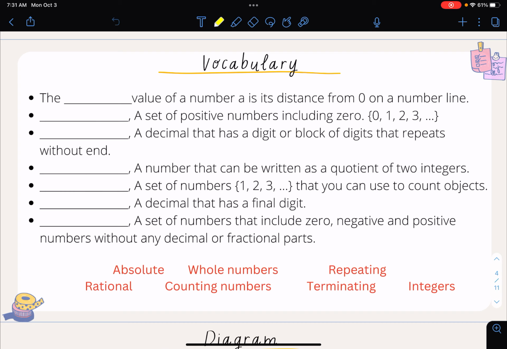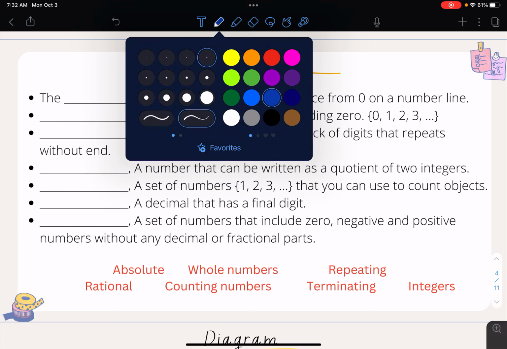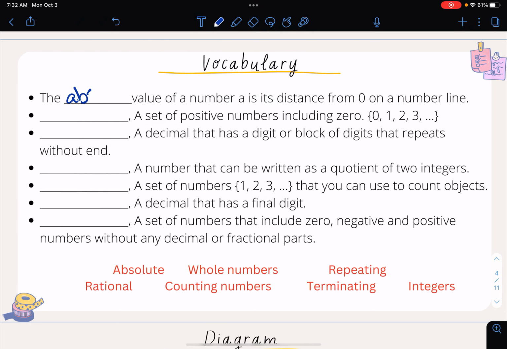So this would be the absolute value. And if you look here, we have a word bank. So the absolute value of a number is its distance from 0 on a number line. So that's when we're talking about negatives and how far apart they are. That's what we're talking about, the absolute value.